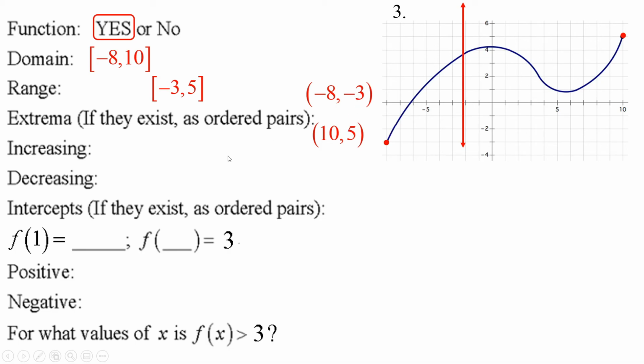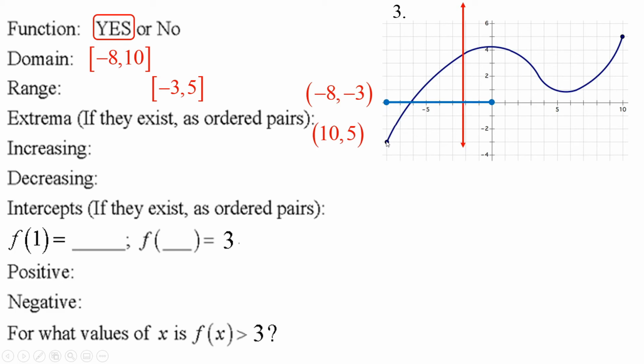Now, increasing. Well, this graph has a peak and a valley. So it looks like there are two intervals where this graph is increasing. So I have to represent both of those. Let's see.